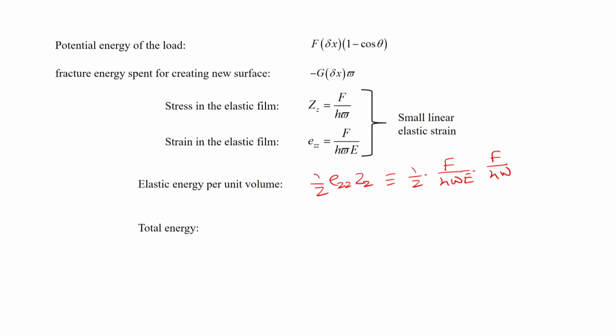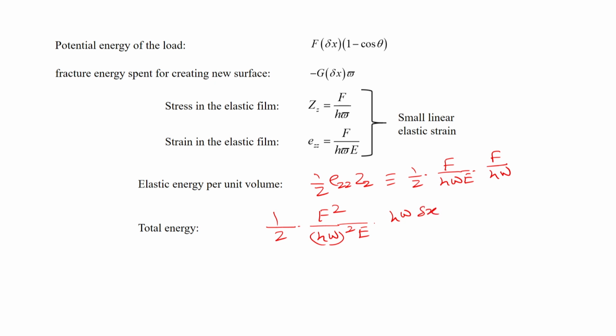So, we have to multiply it by the volume here. So, it is half F squared over H W squared E, and the volume is H W. The force is applied, so the energy gets stored in this portion of the substrate which has come out, that is this quantity delta x.